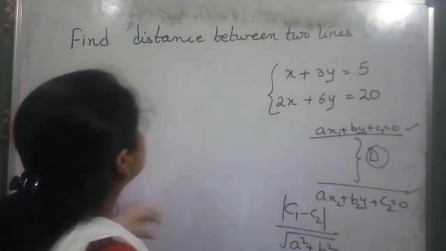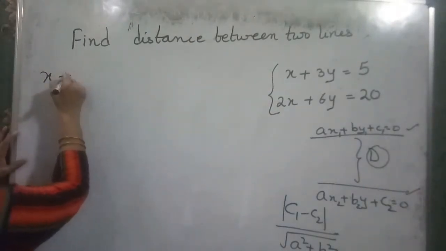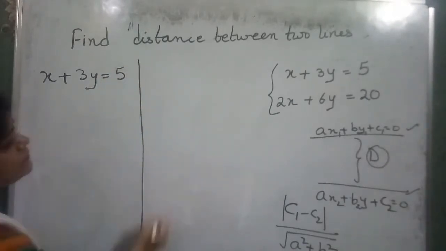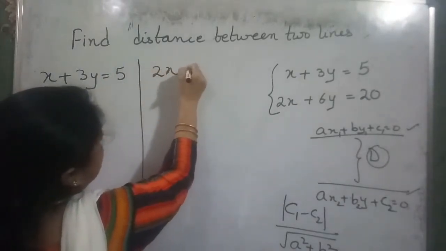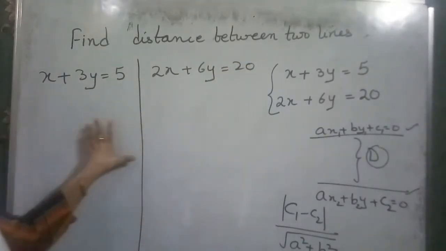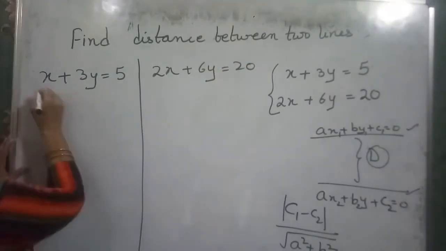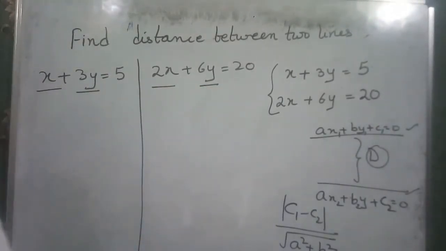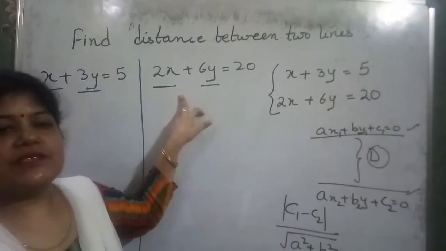Now here we just resolve it in a proper way. This is our first equation and this is our second equation. Before finding the distance between these two lines, we make these coefficient values the same.